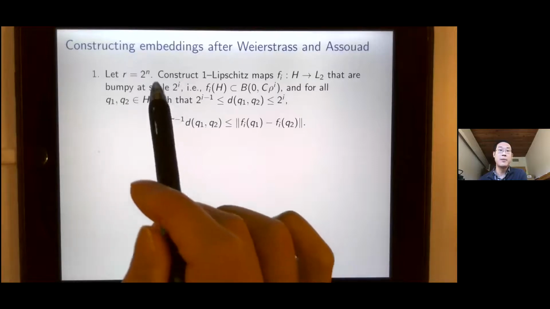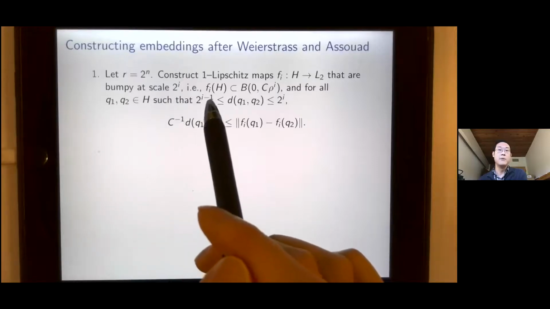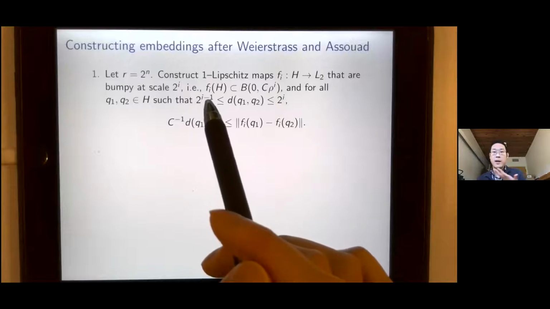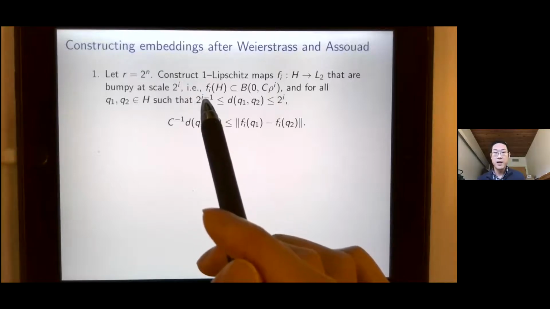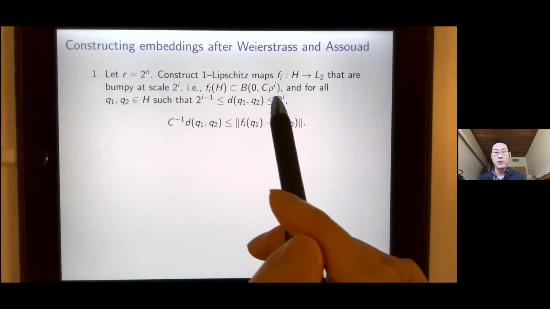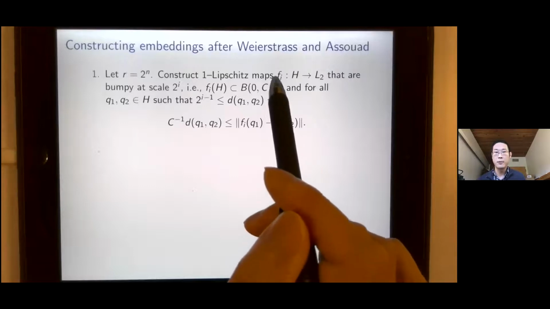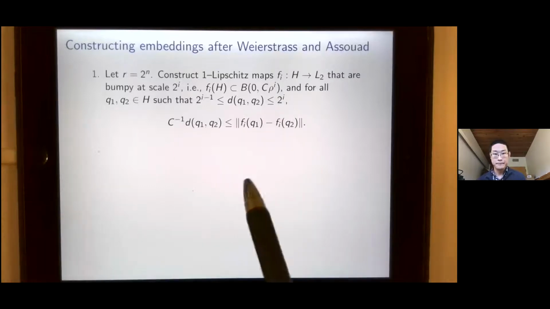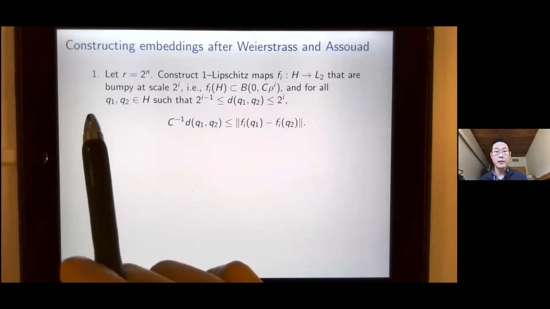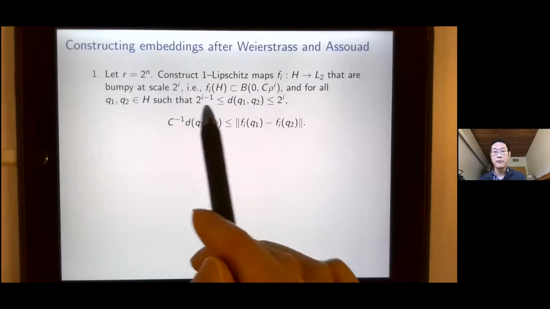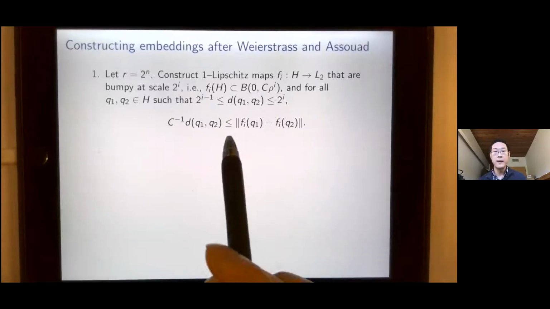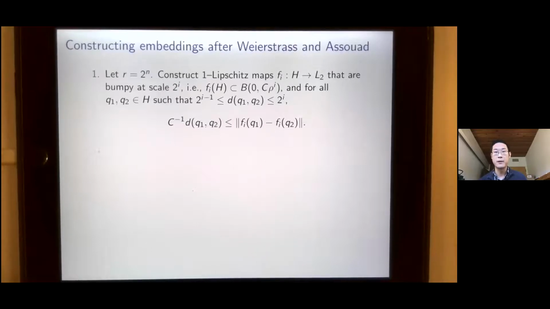f sub i is bumpy at scale 2 to the i, which means that we're going to have the image of f sub i be contained in, say, the ball of radius 2 to the i. And we're going to ask that if I have 2 points that are separated by roughly distance 2 to the i, then their images are also separated by distance roughly 2 to the i.